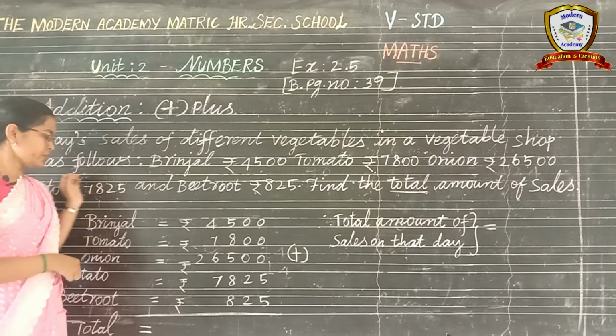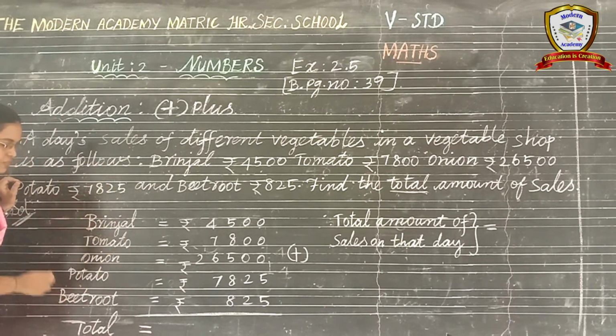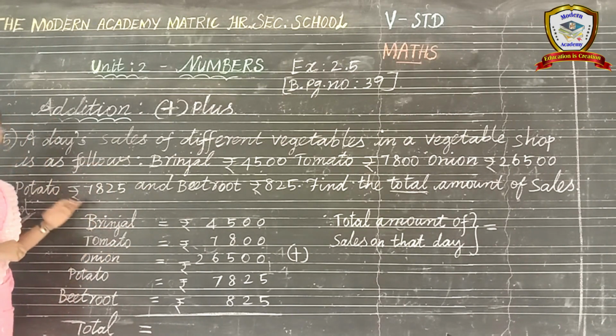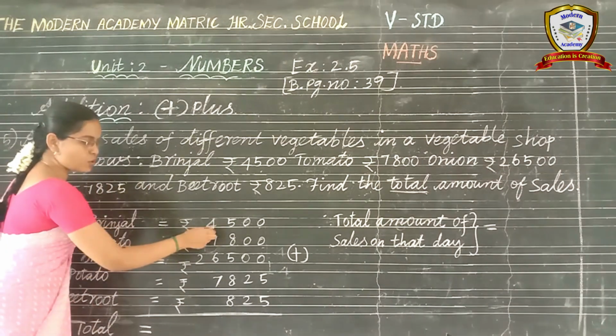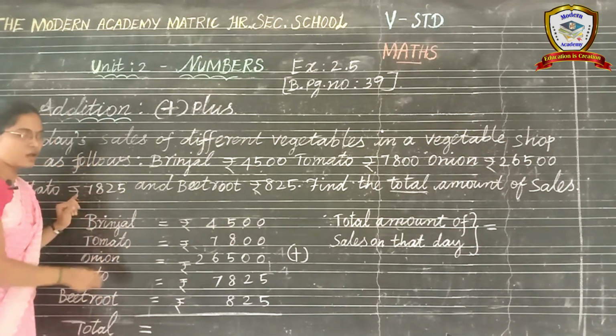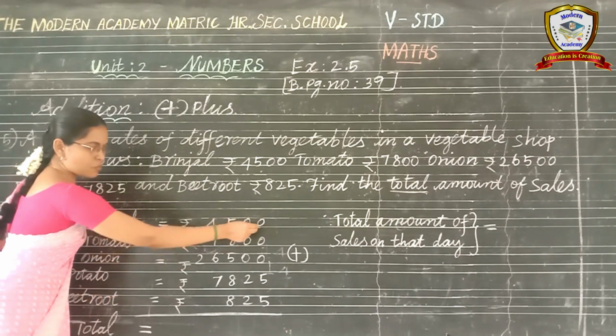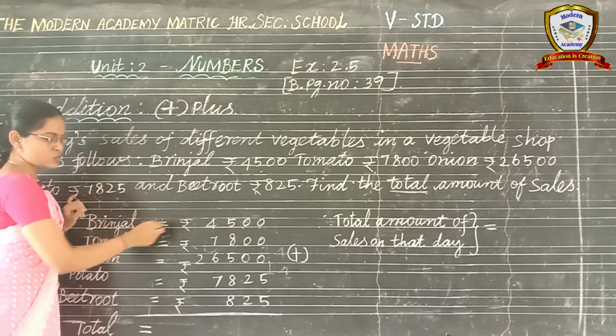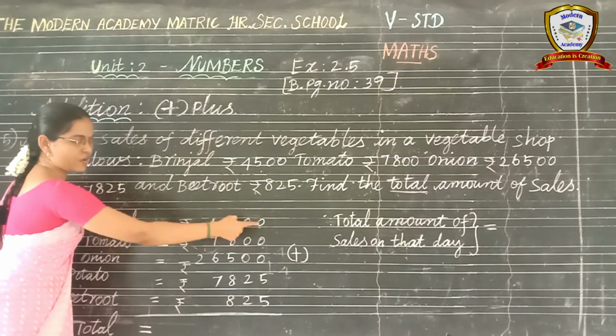Okay, listen. We have to write this word like this. First, brinjal. Brinjal is sold for 4,500 rupees. So brinjal is equal to 4,500 rupees.